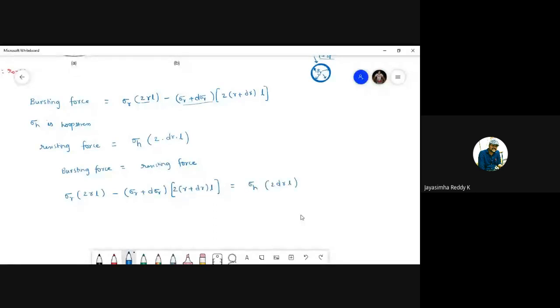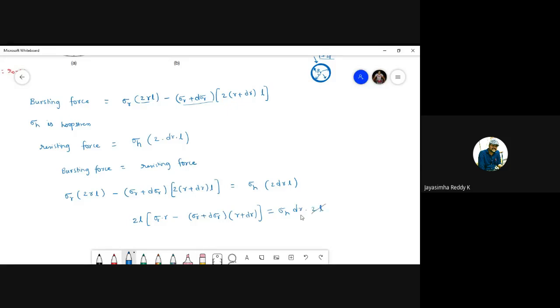So now I have equated, and I would like to take out 2L as common. If I take 2L as common, this becomes sigma R plus d sigma R into (R plus dr), minus sigma R into R, is equal to sigma H into dr into 2L.